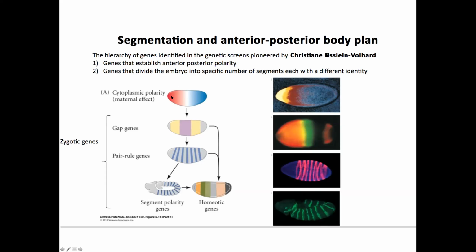But their presence actively defines one identity over the other, and their absence leads to the default. So if bicoid is not there, it's not that the cells here will be lost, they will assume a posterior fate. So that becomes the default. And if nanos is not here, it's not that the cells will be lost, they will just assume an anterior fate.